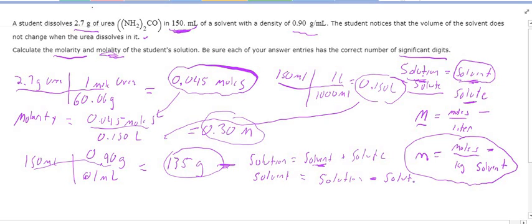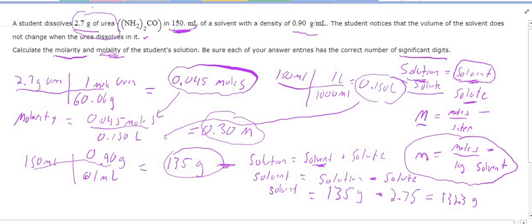Just did that algebra right there. So the mass of the solvent equals the solution mass, which I figured is 135 grams, minus the solute. Well, it tells us that urea is the solute, 2.7 grams. So I'm going to subtract 2.7 grams, and that will tell me the grams of the solvent. And if I do that, I get 132.3 grams.